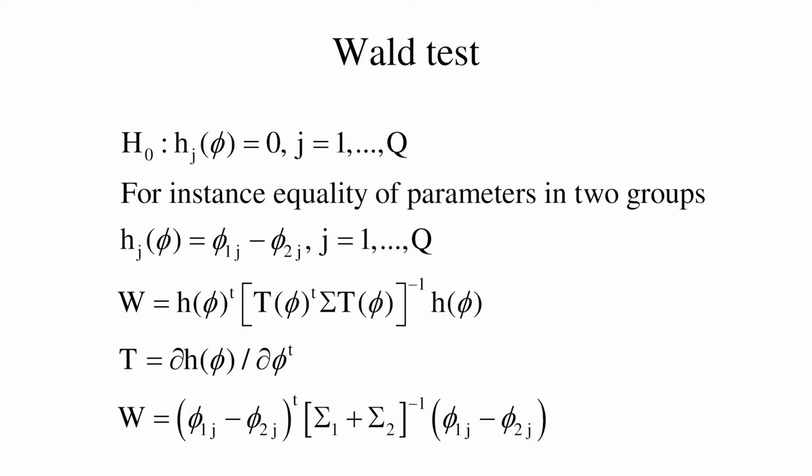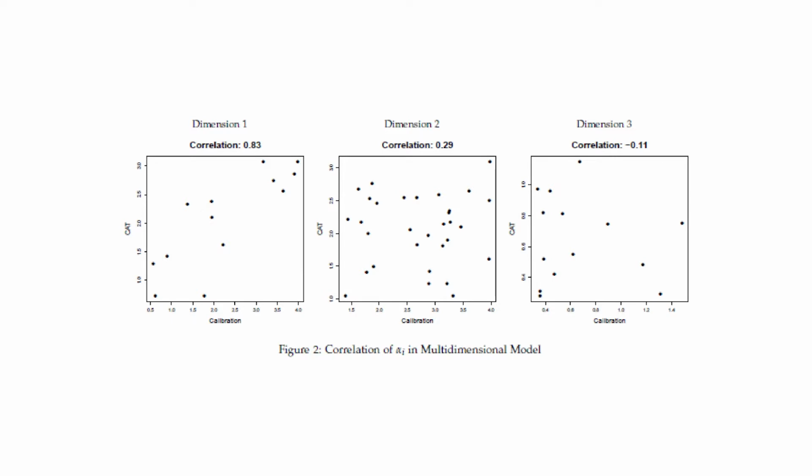Then Wald tests. Wald tests come with pictures like these. Suppose that we have, again, boys and girls. So again, we have 2 groups, and we estimated the model in the 2 groups, and we draw a picture of the parameter estimates.